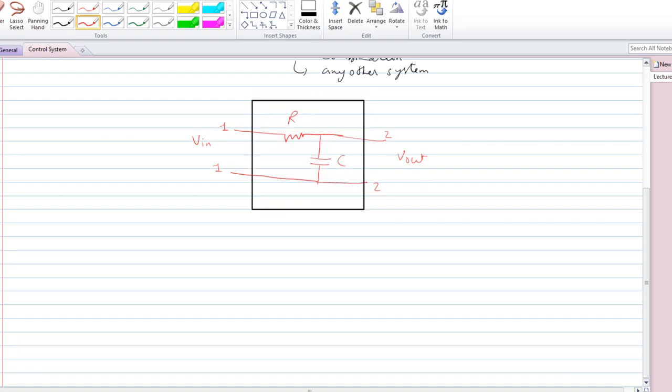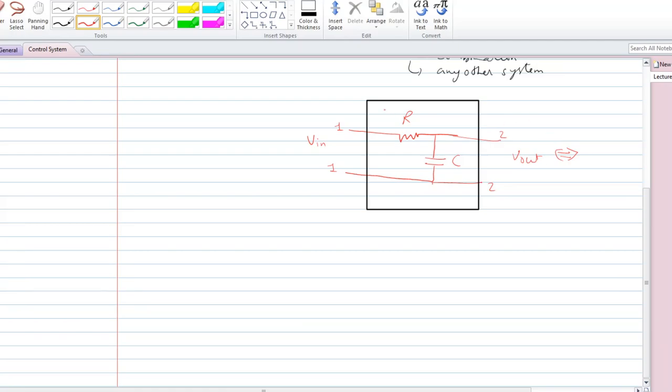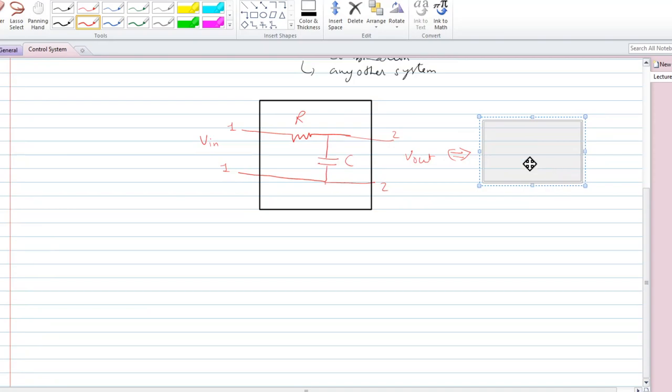Okay, now this system is represented by its transfer function, like this.